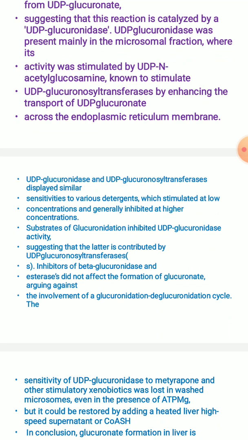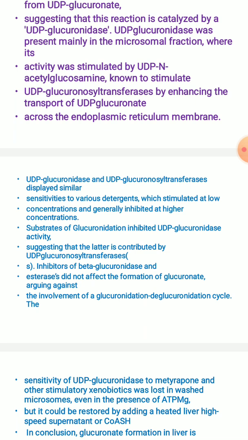The substrates for this glucuronidation reaction are mainly inhibited by UDP glucuronidase activity, which suggests that the suggestion was different. Now through this inhibition as well as stimulation, it is suggesting that the latter is contributed mainly by the UDP glucuronyl transferases.